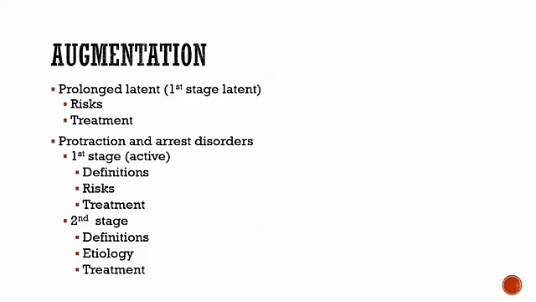So what are some risk factors for having a prolonged latent phase? Unfavorable cervix would be the first one, and the second one would be a transverse or an OP positioning. So that's occiput posterior positioning. Remember, just as a rough outline, you have the pubic symphysis up here, anterior. You have the sacrum and the coccyx coming down here.